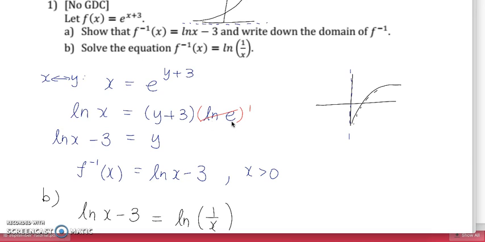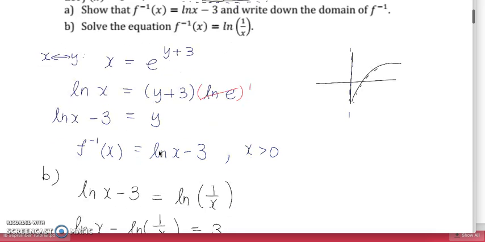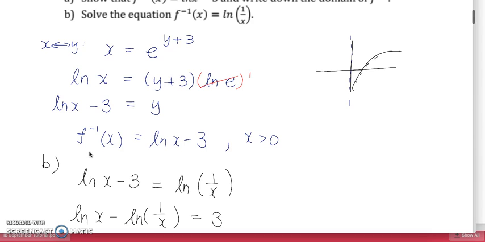Simplifying, ln e is 1. And now we're going to isolate for y. y plus 3 is ln x, therefore y must be ln x minus 3. Just rewriting using the inverse function notation, f negative 1 of x is equal to ln x minus 3.